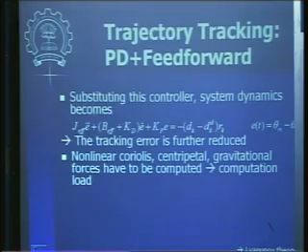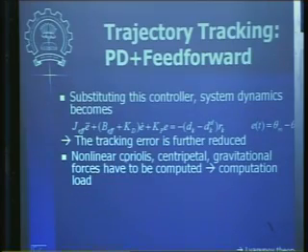And then computation means, you remember, you have a sampling time in which you have to implement this control law in the digital domain. We have seen in the fundamentals of control that there is a sampling time issue. So here if we have to do these computations, we have to finish within one sampling time.